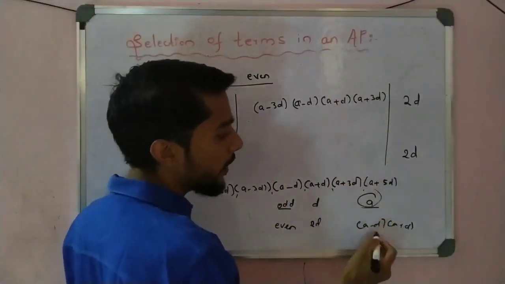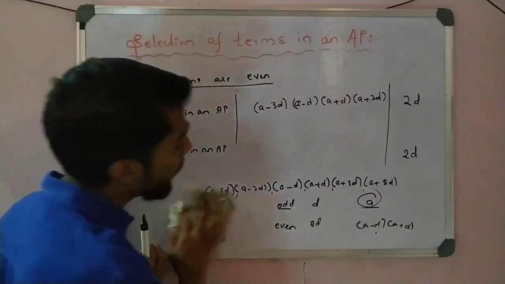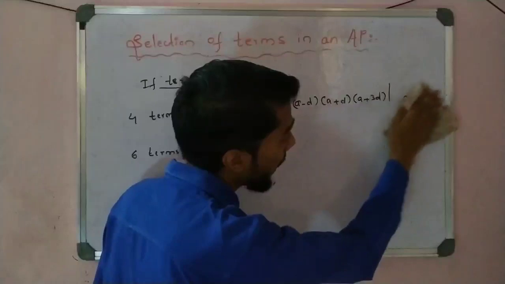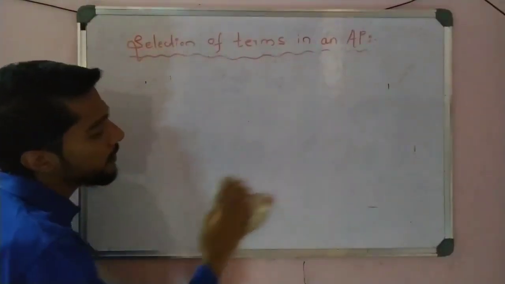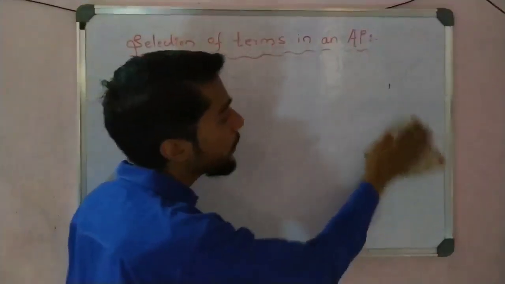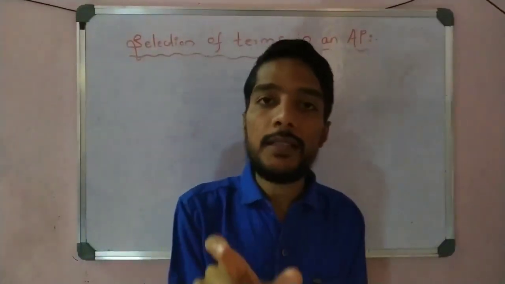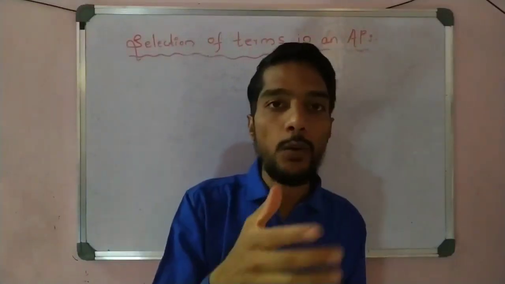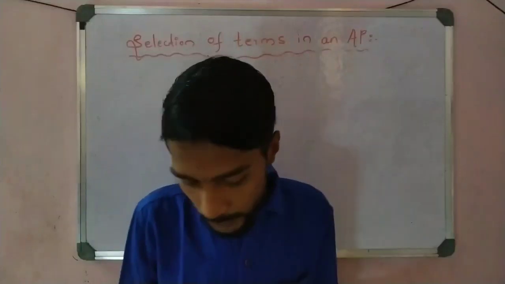If it is even, then a minus d and a plus d, and we remove a here. This is a very important trick to remember. Do not learn by heart. If the number is odd, the difference is d and a is the middle term; if even, we start with a minus d and a plus d, and the difference is 2d.